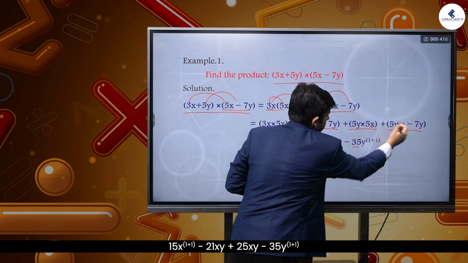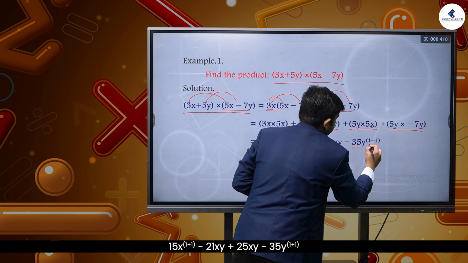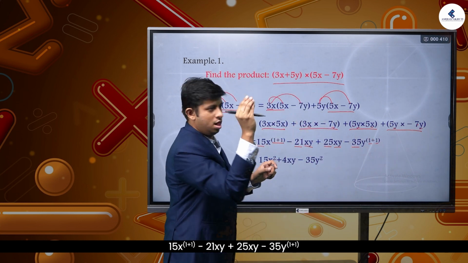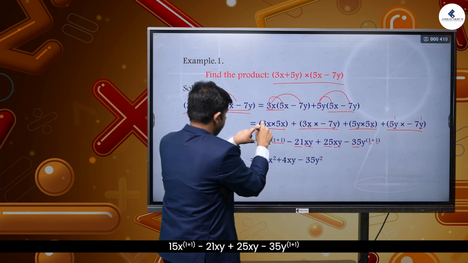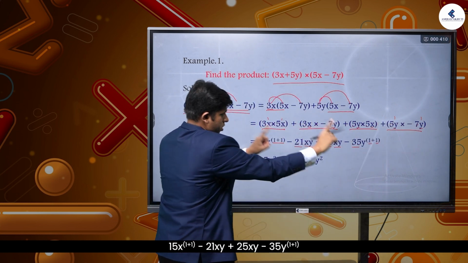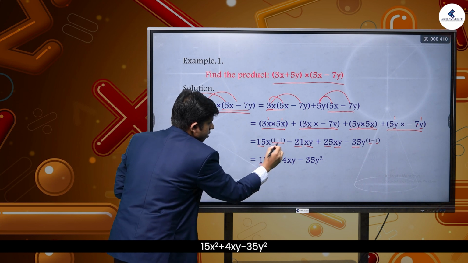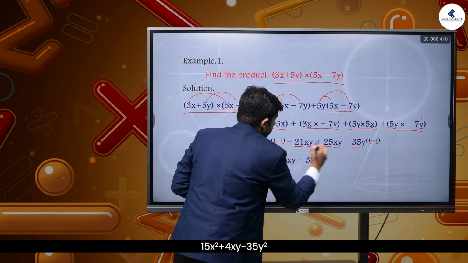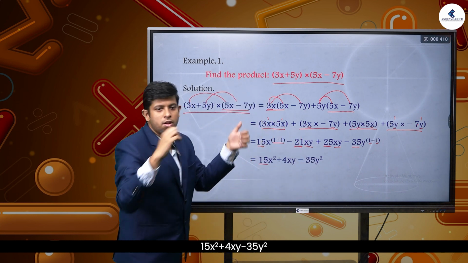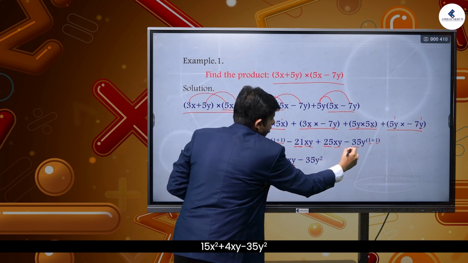Again, bases are equal, powers are to be added. So after simplifying, we get 15x square plus 4xy minus 35y square.